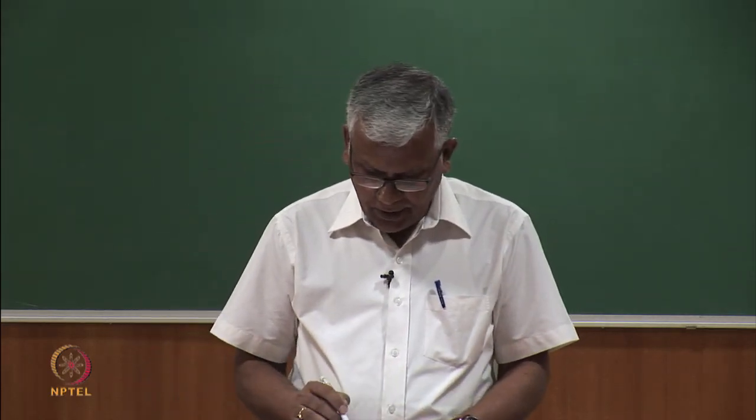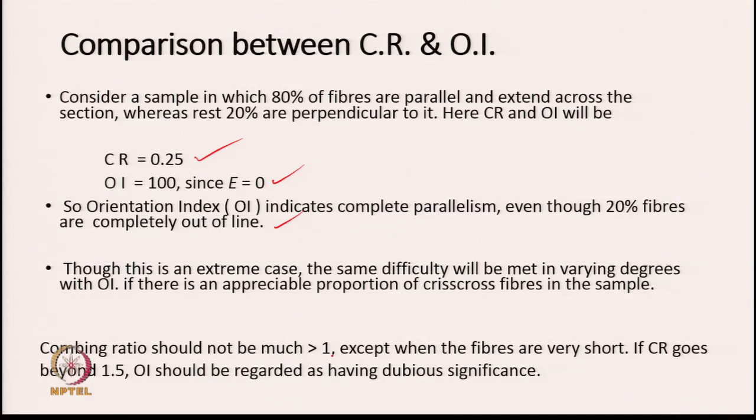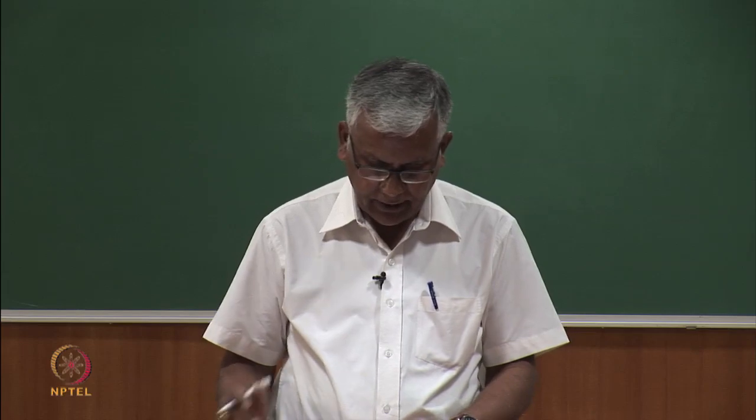Combing ratio should not be much greater than 1 except when the fibers are very short. If shear goes beyond 1.5, orientation index should be regarded as having dubious significance. This we also have to keep in mind.